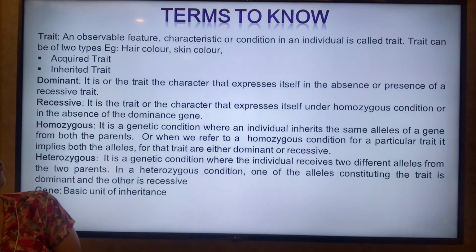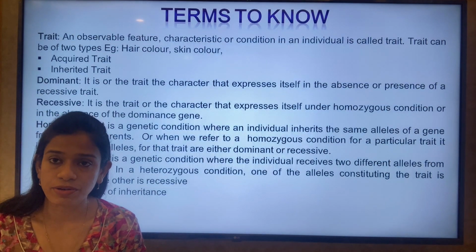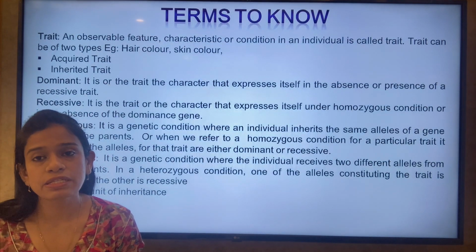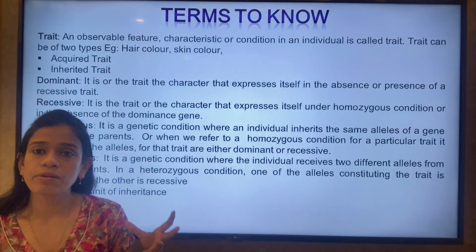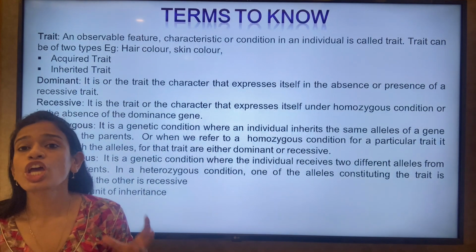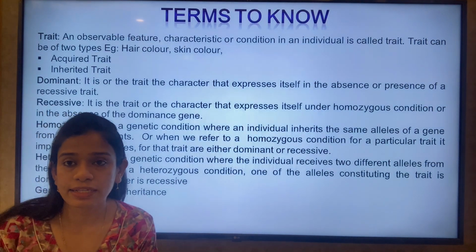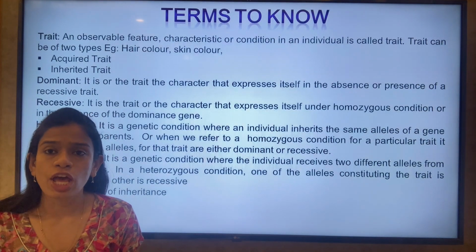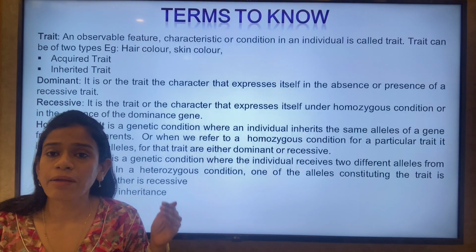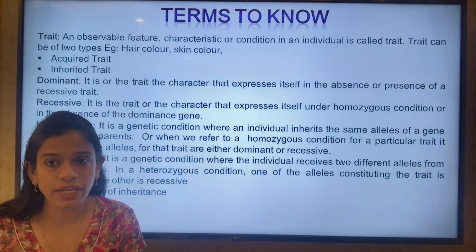A trait can be of two types: acquired trait and inherited trait. Acquired trait means that due to living under a particular environmental condition, you gain some traits. Like those of the Arctic Circle, Antarctica, Greenland: those people can bear much more cold than us who live on the plains.